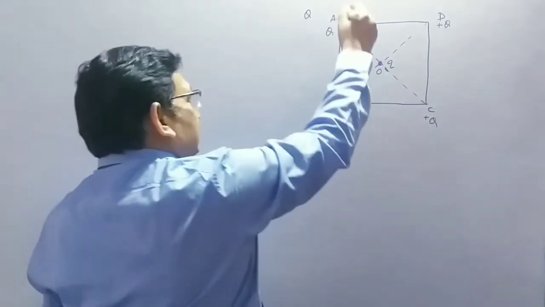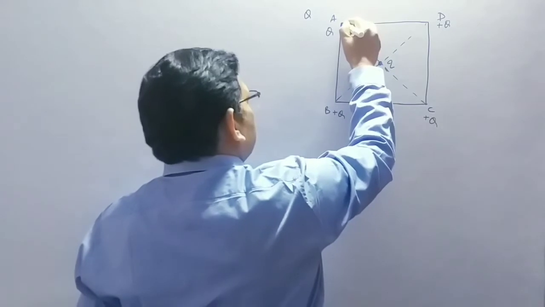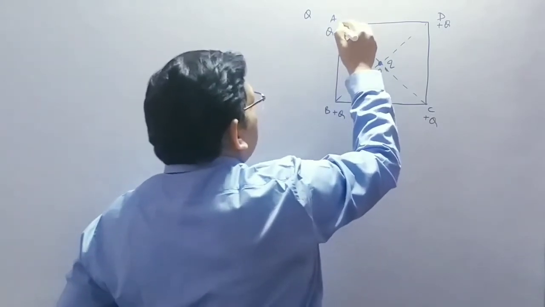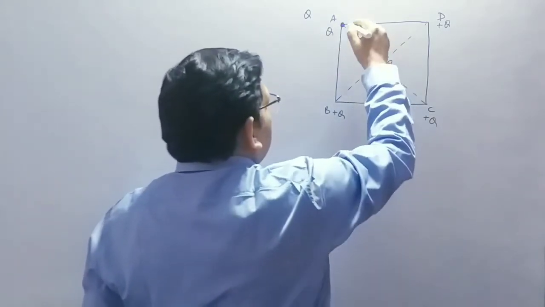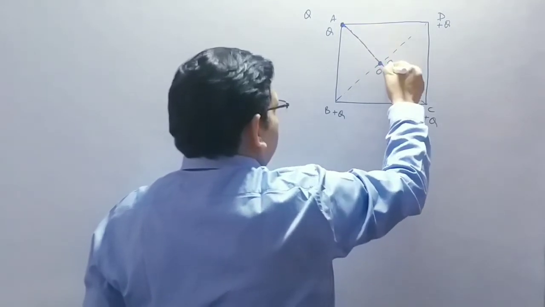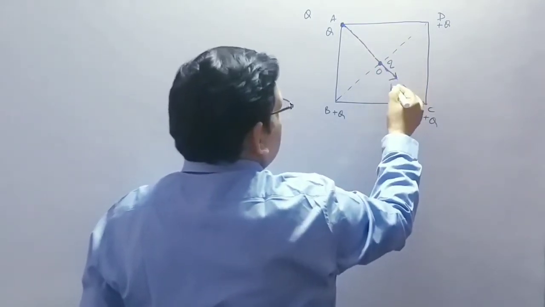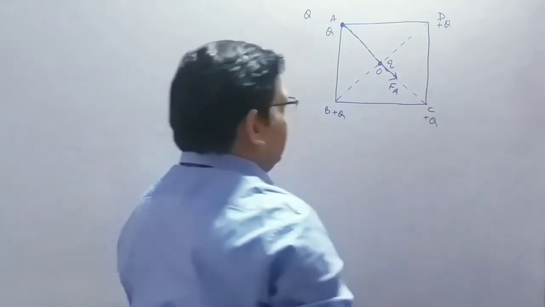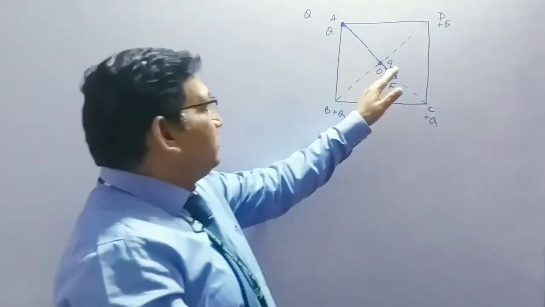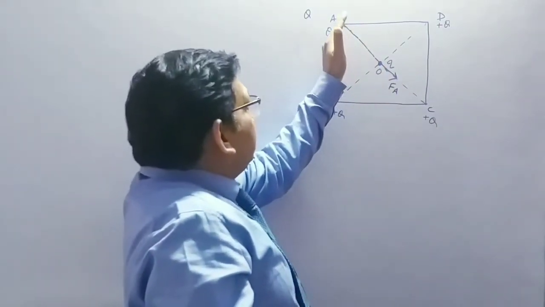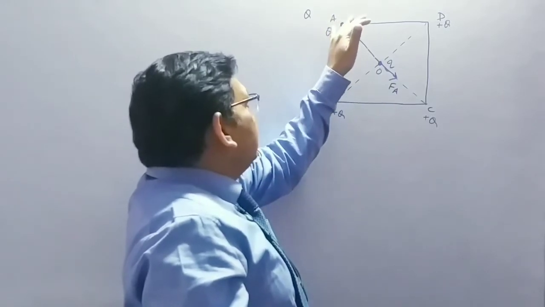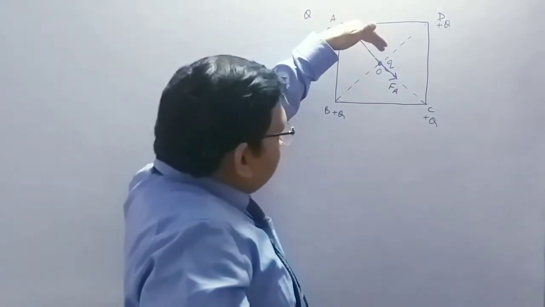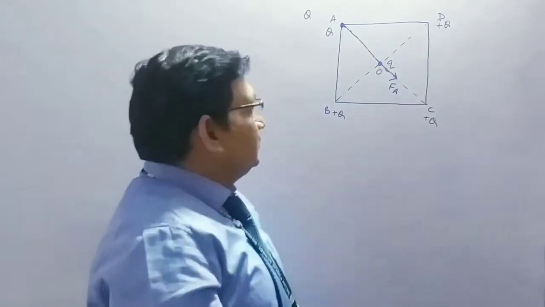So first calculate the force due to charge capital Q on small q and the direction of this force. Okay, a repulsive force will be acting on small q. So the charge Q at A exerts a force on small q in this direction.